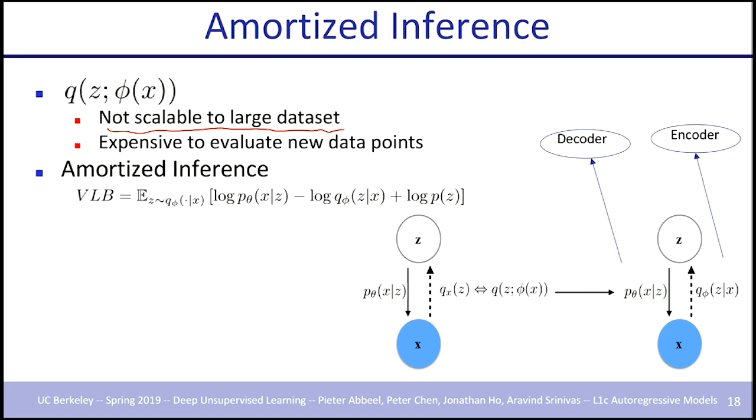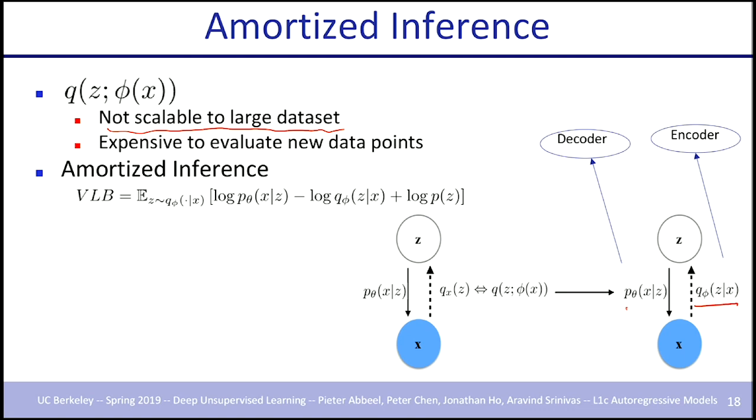So really, what's shown here is that instead of saying we have one q per data point x, now I have a neural net that takes in data point x, and then it outputs the sufficient statistics of the distribution that describes the q. So now you have a neural net that is approximating all of the q's together. In autoencoder parlance, this is usually called an encoder, because this network essentially maps from observation space to noise space.